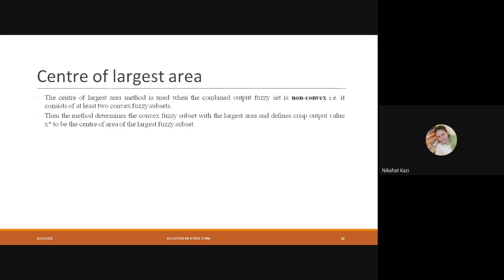So if this is your non-convex area, right? This region is non-convex, right?